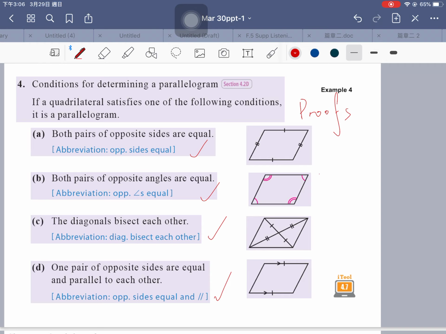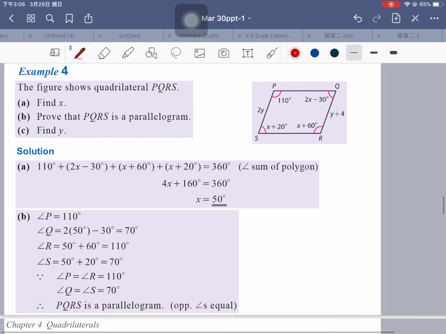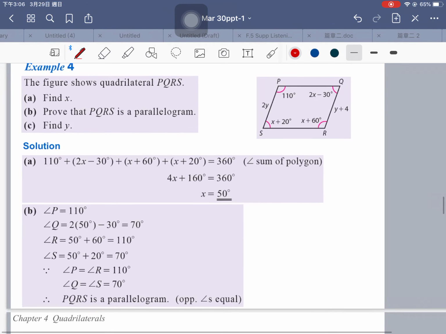Of course, the definition is both pairs of opposite sides parallel, which is the definition of a parallelogram. So again, I remind you, for proofs you have to state either 1, 2, 3, or 4 or definition. And then we'll see a simple example.